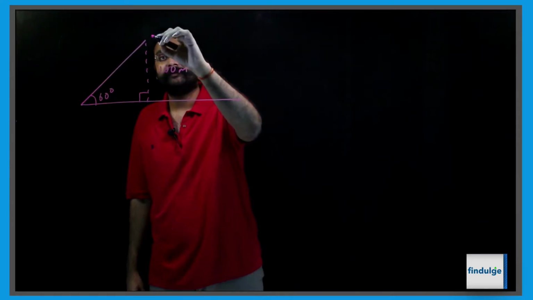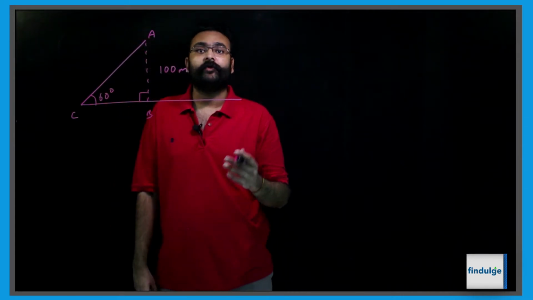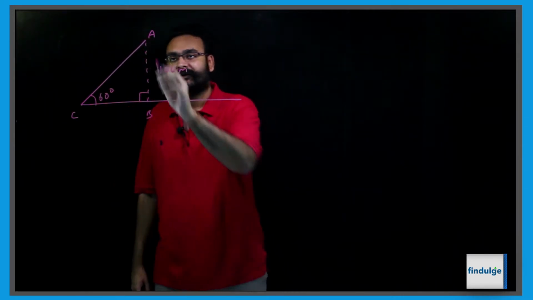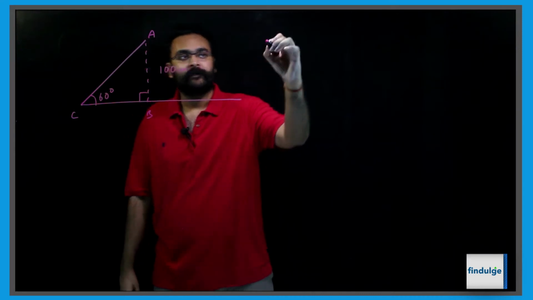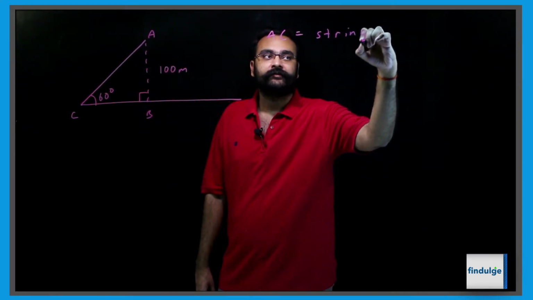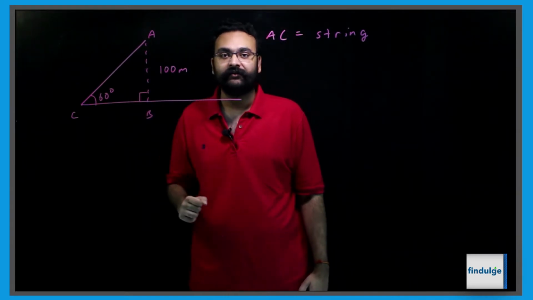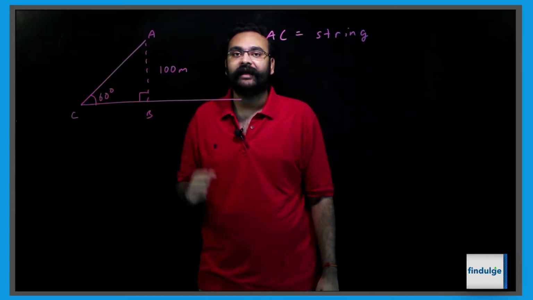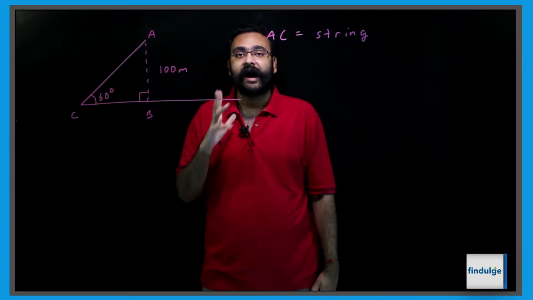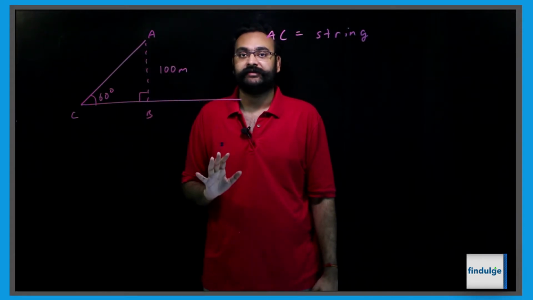And if we simply name our triangle ABC, the length of the string of the kite is AC. Since AC is what I need to find, and I have this angle and one of the lengths of my triangle, I can use trigonometry to find the length AC.